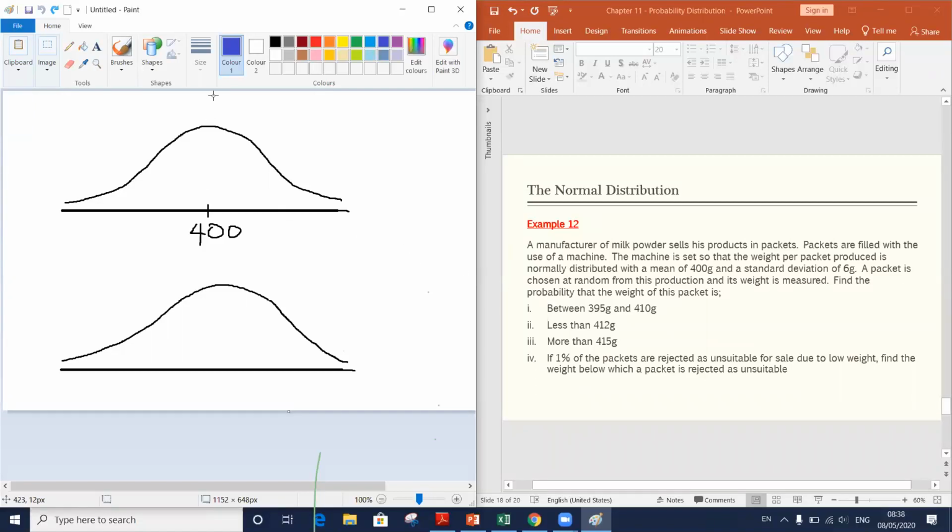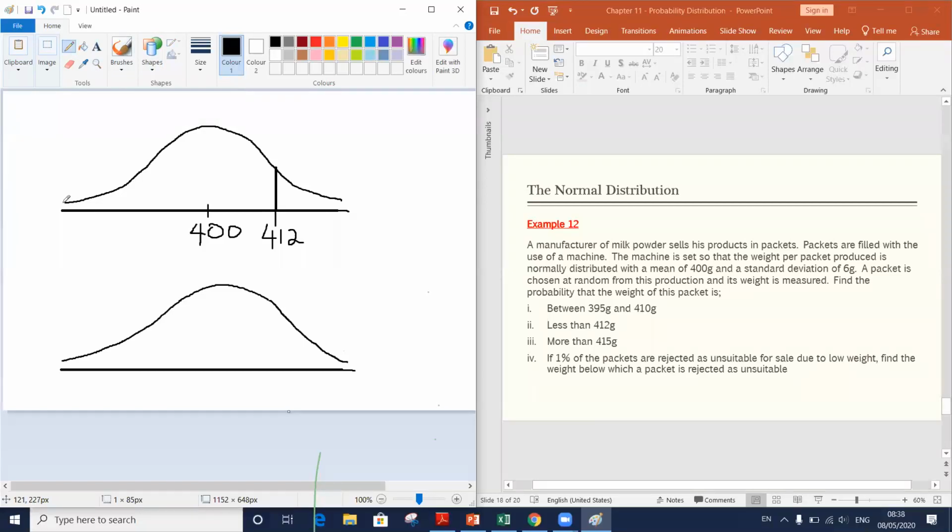Right. Where is 412? It is greater than 400, so somewhere here, 412. Less than 412 grams. So this is the cutoff point, 412.